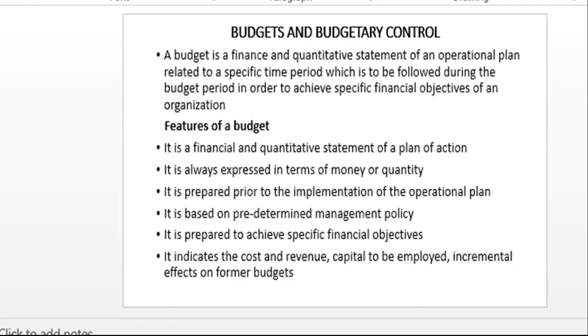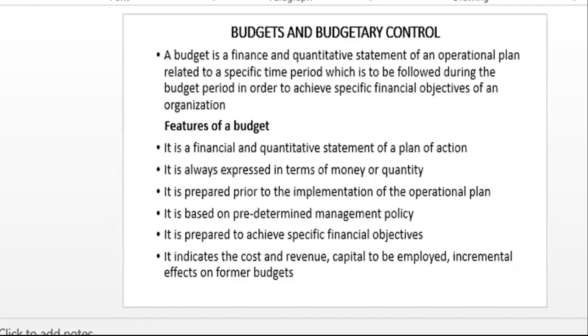As you plan, as you budget for the operations, you have your set objectives in mind as an organization. Same to a family. I know every family has its own needs, so as you do the budgeting, you also have the needs of the family in mind.